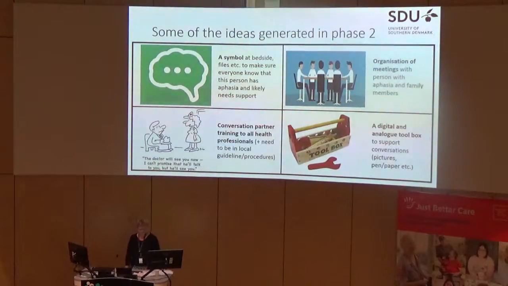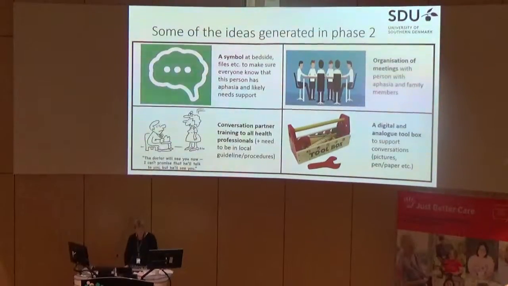We ended up choosing 7 of the preliminary ideas with our co-designers that are to be further developed. Here are some of them. A visible symbol of aphasia, better organization of meetings, conversation partner training for health professionals, and a toolbox to support conversations. So what now?